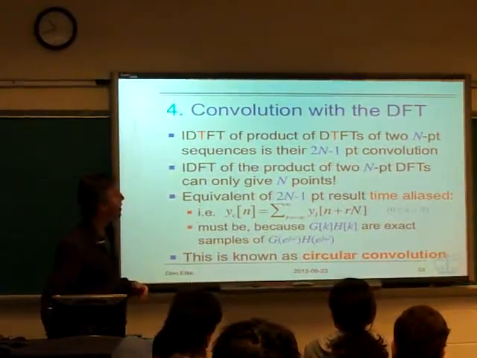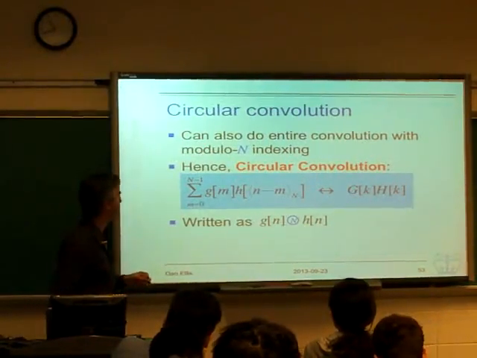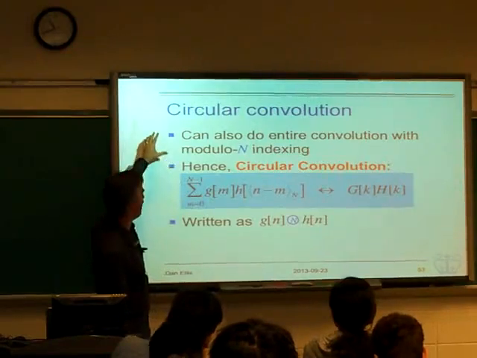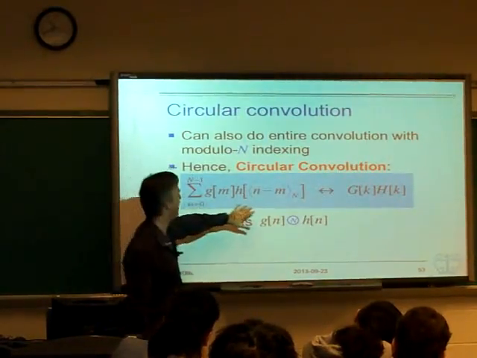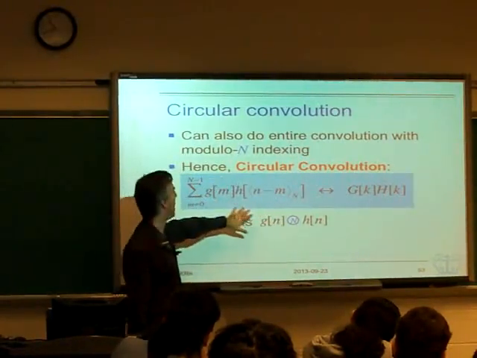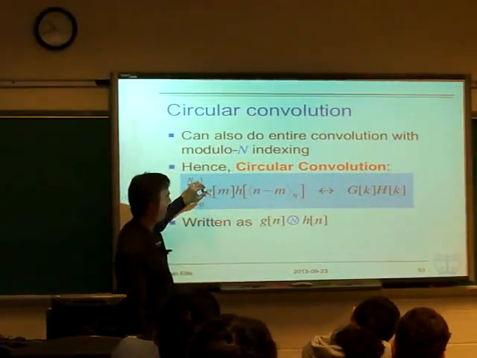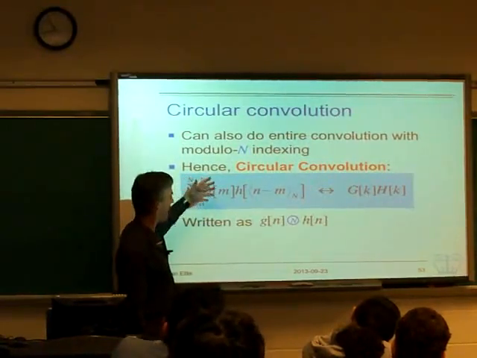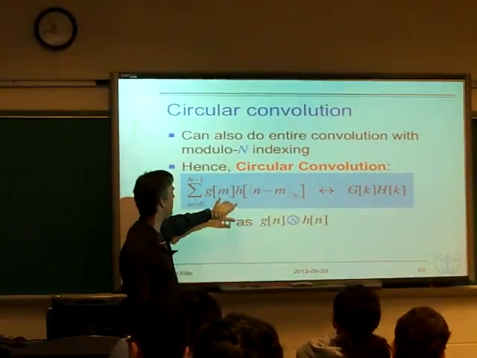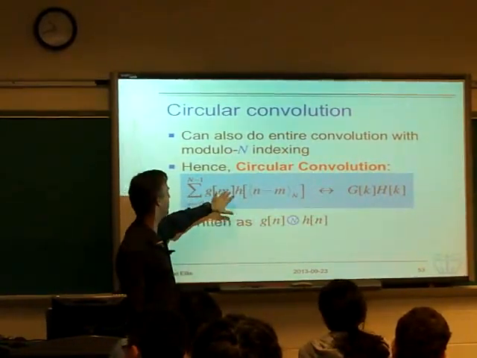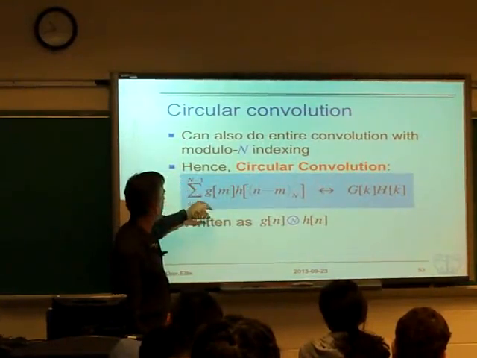So here's the full definition of circular convolution. If we want to calculate the value of the convolution of two finite length sequences at some particular point, we can just have our dummy summation variable go from 0 to n minus 1.